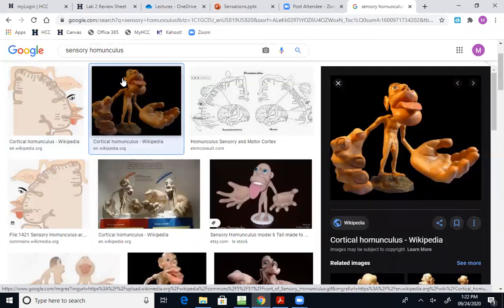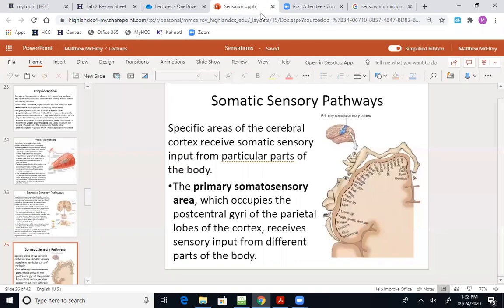I always show this. It's kind of a weird, creepy thing. People buy it. And actually, last semester I was showing this, and a person thought it was so cool that they went out and looked for one themselves to buy. But it's very interesting. It's a decent way to explain it, I guess.